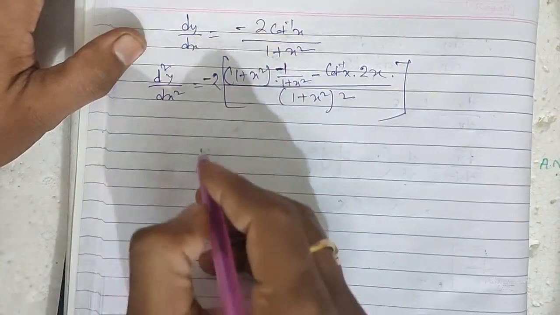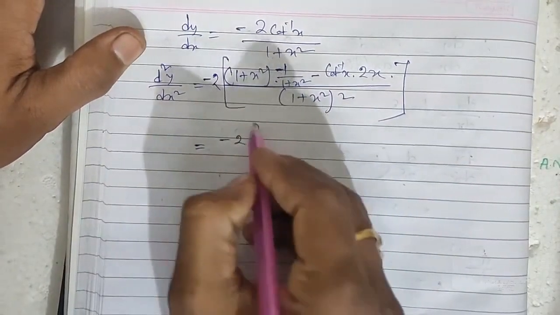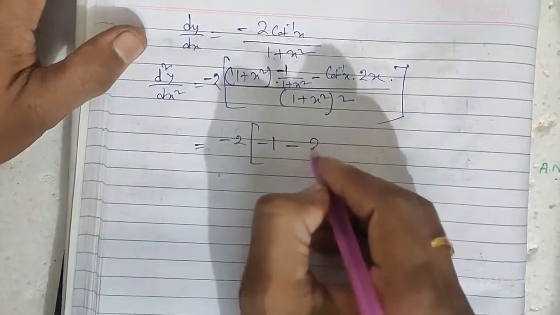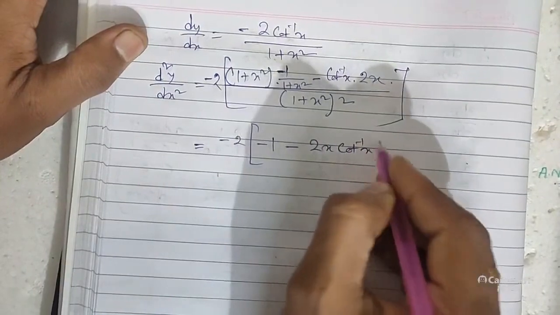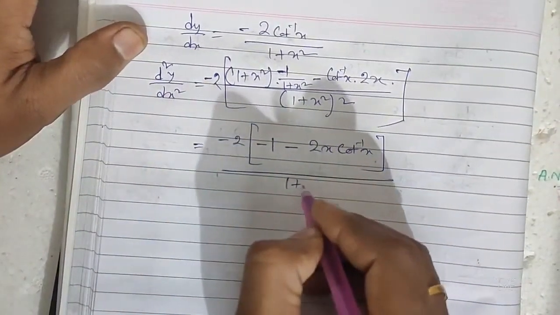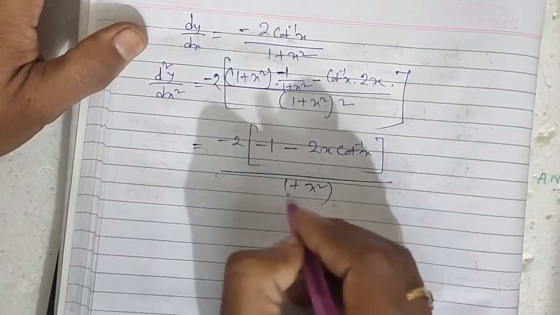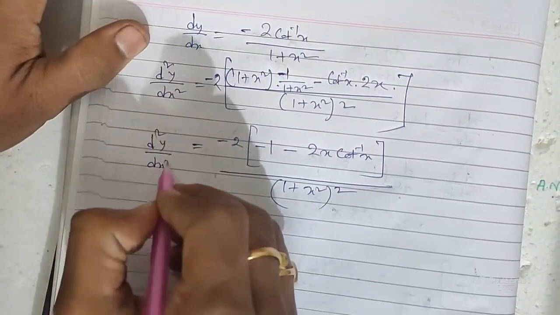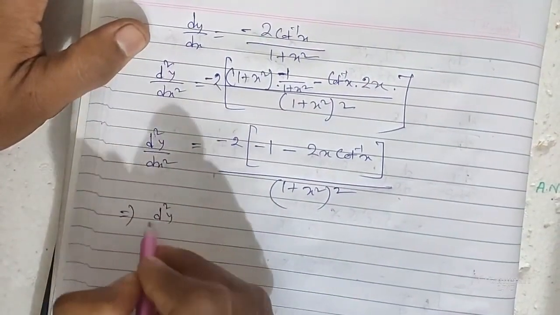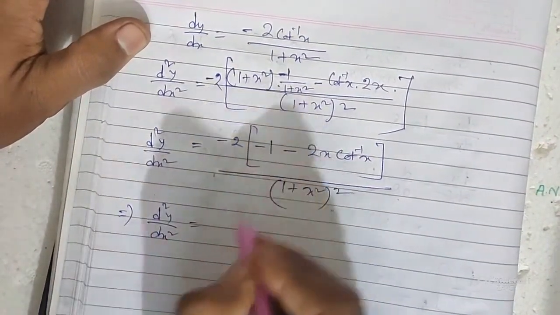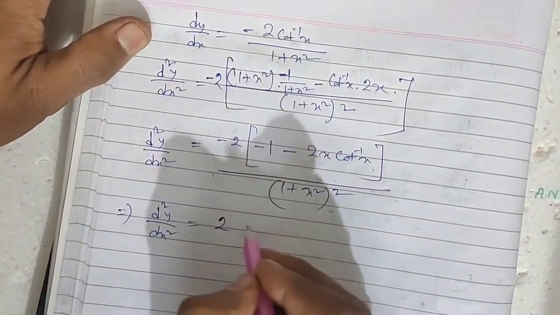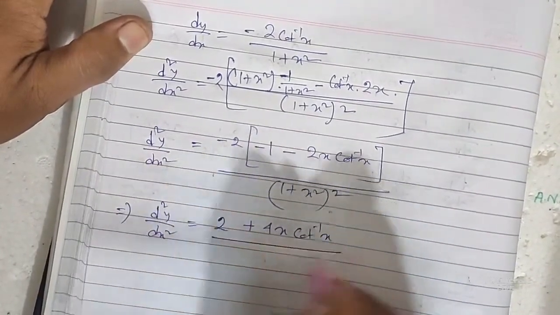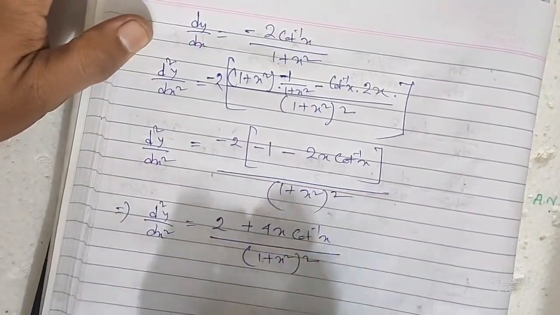So minus 2 into minus 1, and here it is coming minus 2x cot inverse x, whole divided by 1 plus x square whole square. This is the value of d2y by dx2, which implies d2y by dx2 is equal to minus 2 and minus 1, that is 2, plus 4x cot inverse x, whole divided by 1 plus x square whole square.